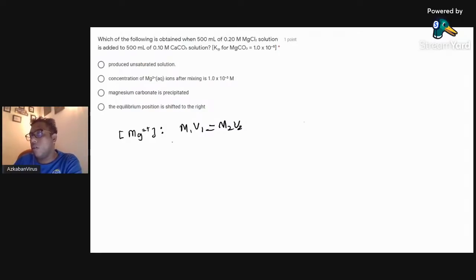M1 kamu adalah 0.2, V1 kamu adalah 500, M2 kamu nak cari, V2 kamu adalah 500 tambah dengan 500, which is 1000. So dapat M2 is equal to 0.1 lah.